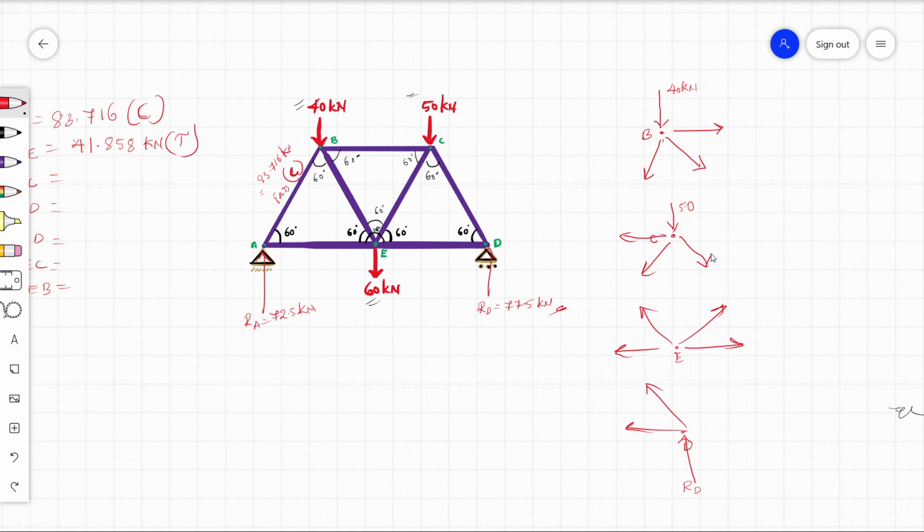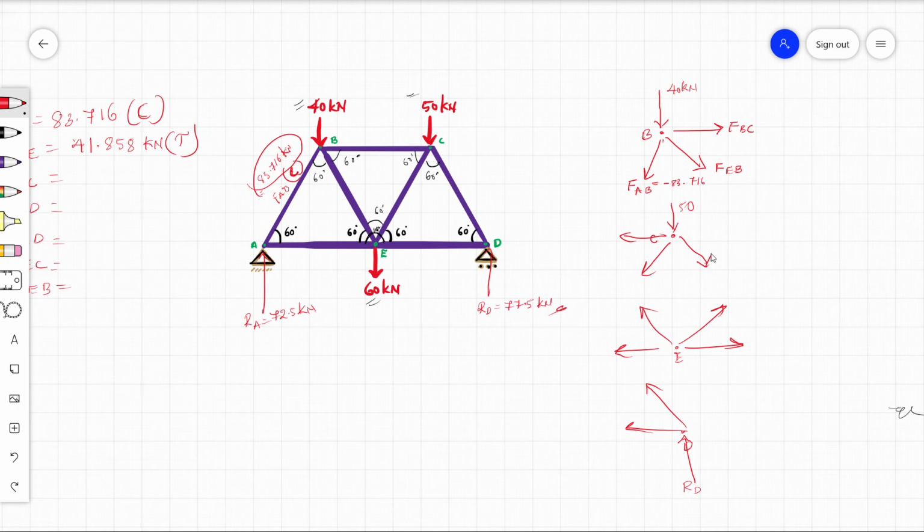But if you remember clearly, let us go from the joint B, C, E, D one by one. Joint B, we don't know the value of FBC. We don't know the value of FEB. We know the value of FAB, which is 83.716 kilonewton, in compression, or minus 83.716.